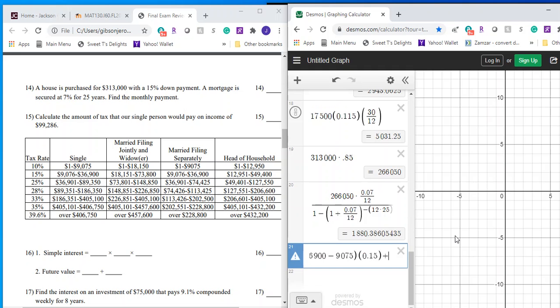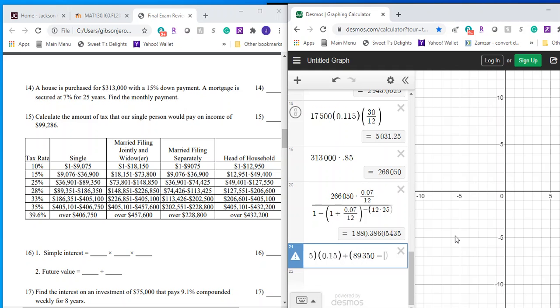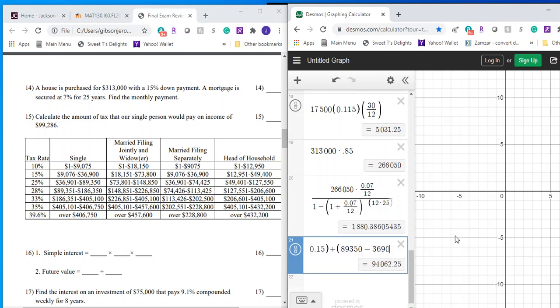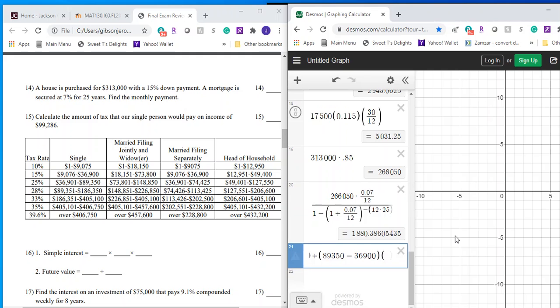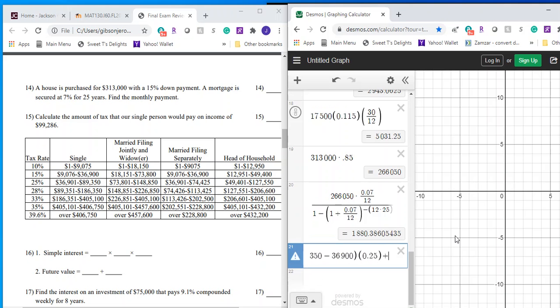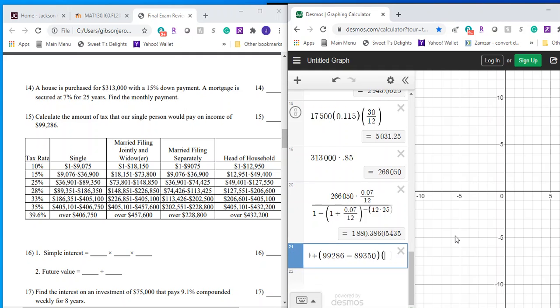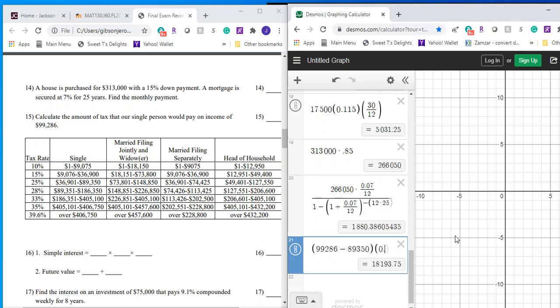Then plus the 89,350 minus the 36,900 times 0.25 plus the parenthesis 99,286 minus 89,350, and that'd be 0.28.